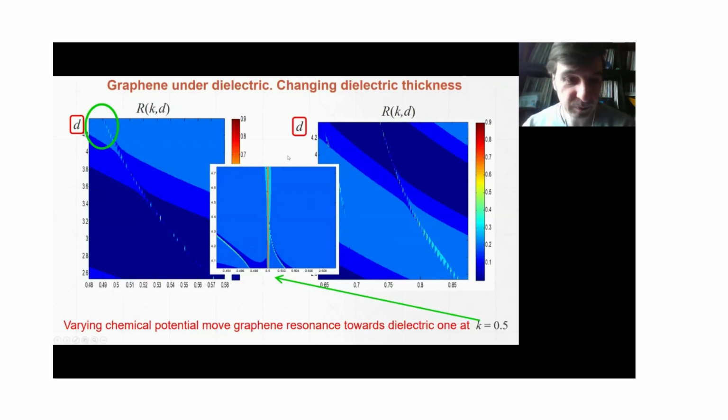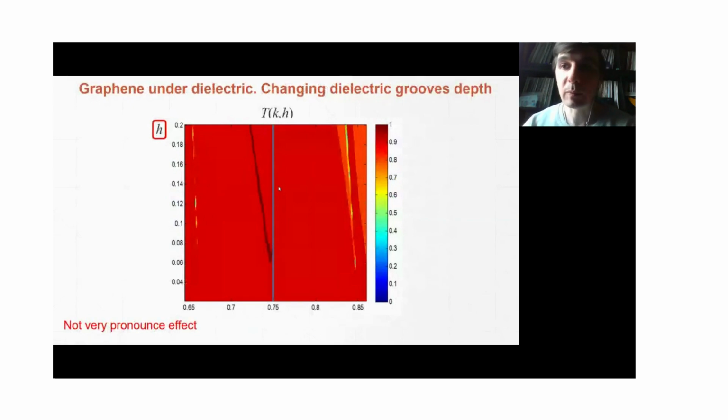And varying the chemical potential of the graphene layer, we can place a resonance which was shown earlier close to the place where the dielectric resonances are concentrated, and we see the situation like shown in this inset.